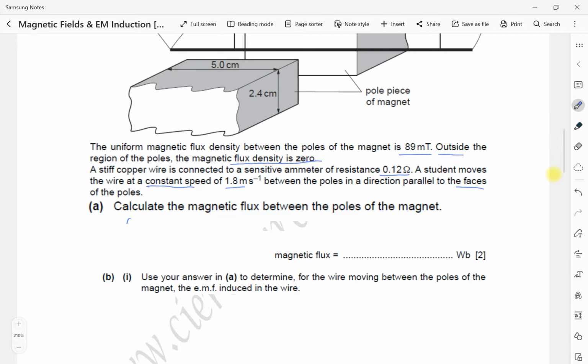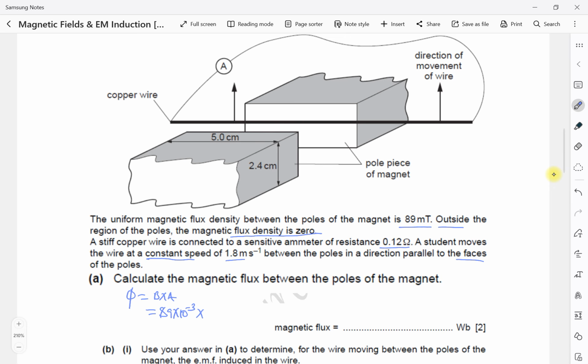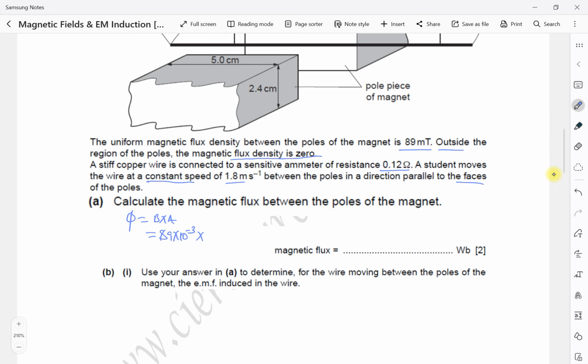So we know that magnetic flux equals magnetic flux density times the area normal to the magnetic field. This was 89 milliteslas, so that is 89 times 10 to the power of minus 3. And then the area, because this is 5 centimeters by 2.4, so 5 centimeters is going to be 0.05 meters times 2.4, which is 0.024.